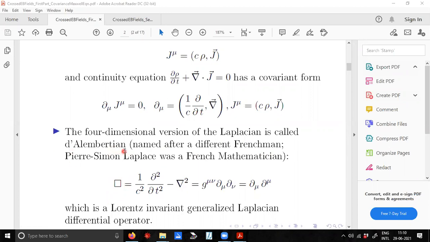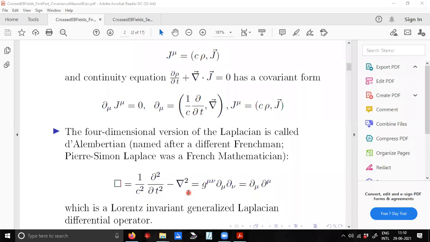I write this square as the four-dimensional Laplacian, or D'Alembertian: 1/c² ∂²/∂t² minus del squared. This is a differential operator and it is a kind of generalization of the Laplacian in space-time.